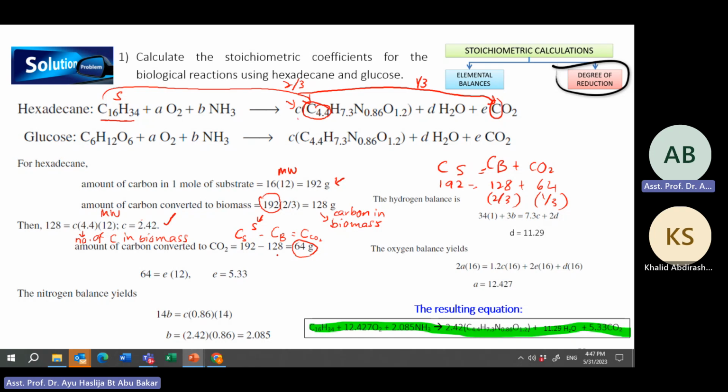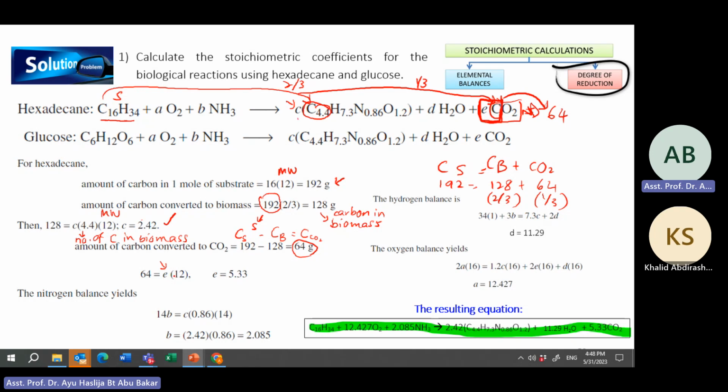Okay, now from there, we know that E CO2 is equivalent to 64. This whole thing is 64. Okay, so from here, E multiplied by molecular weight. Sorry, not whole thing, the C only. Amount of carbon equals to 64.